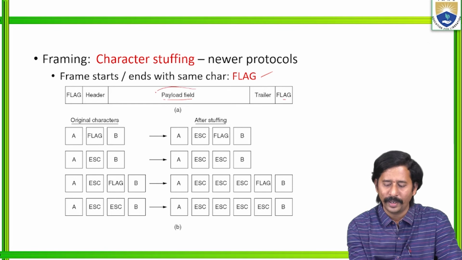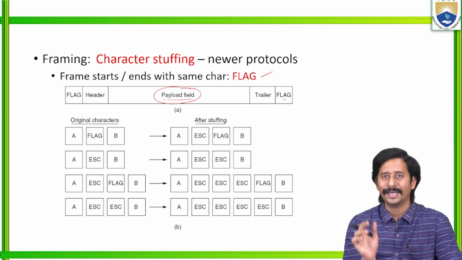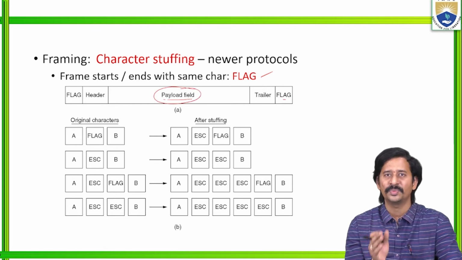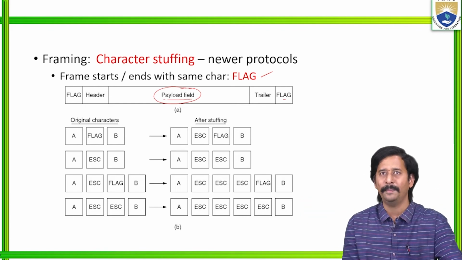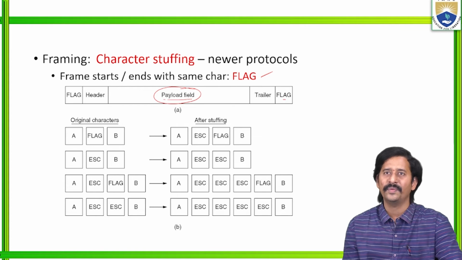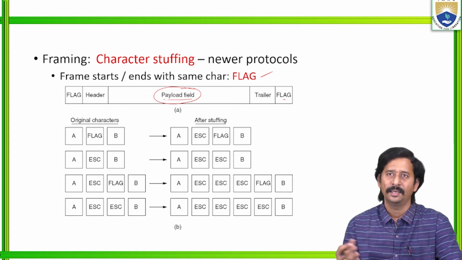The payload field is the original content that we need to transmit from source to destination. In addition, the header as well as the trailer contain the flags.